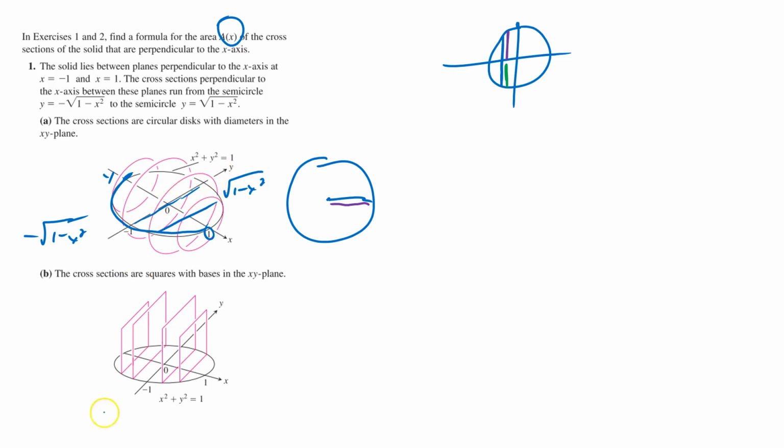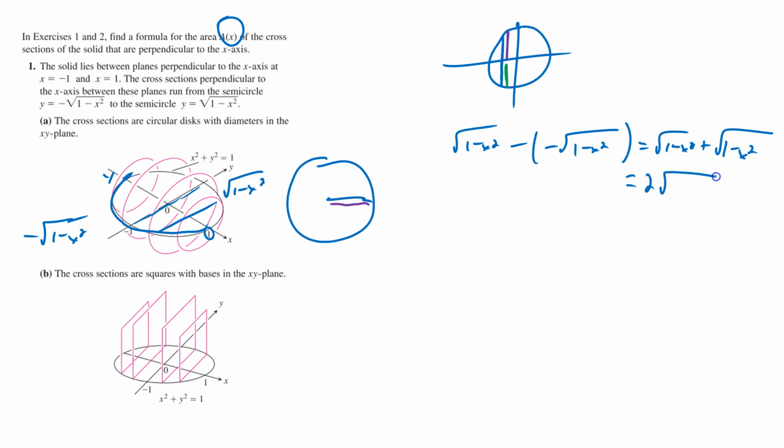So that entire distance, you could think about it as top minus bottom, kind of like we did in the area video. Top minus bottom would be √(1 - x²) minus the bottom function, which is -√(1 - x²), which is √(1 - x²) plus the same thing again, √(1 - x²). So really the distance to the bottom is √(1 - x²) and the distance to the top is √(1 - x²).